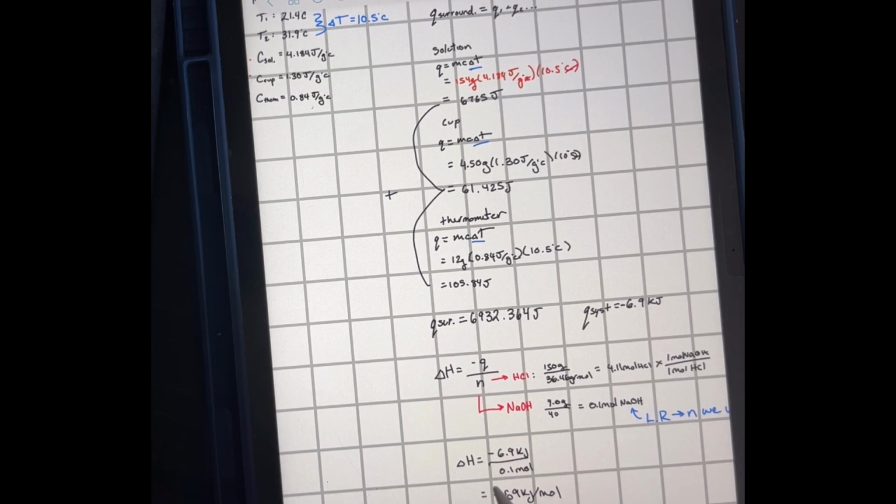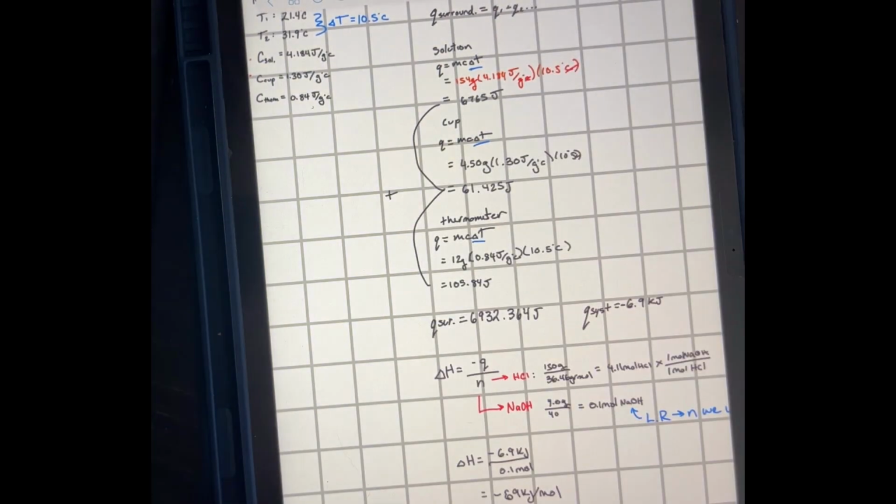It's the least number of digits after the decimal point.